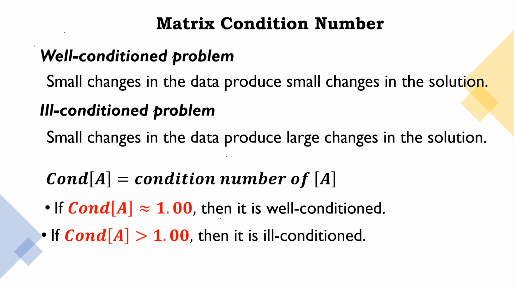That is why you should have a small change. It should be approximately equal to 1 so that it will be called well-conditioned. Anyway, we will try to find out if a given problem is ill-conditioned or well-conditioned in our examples.